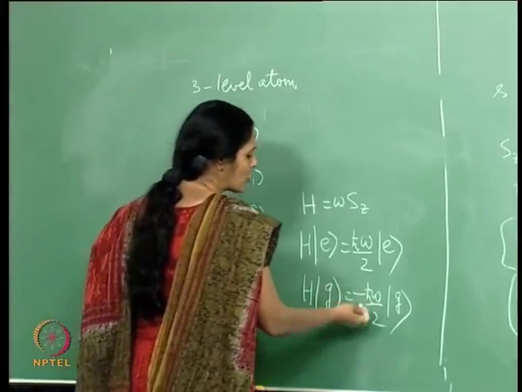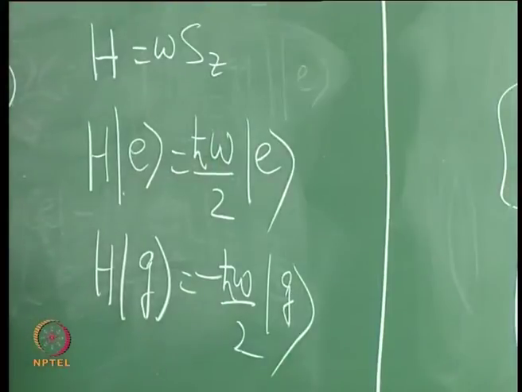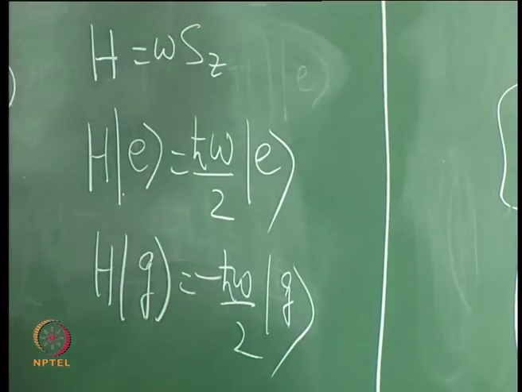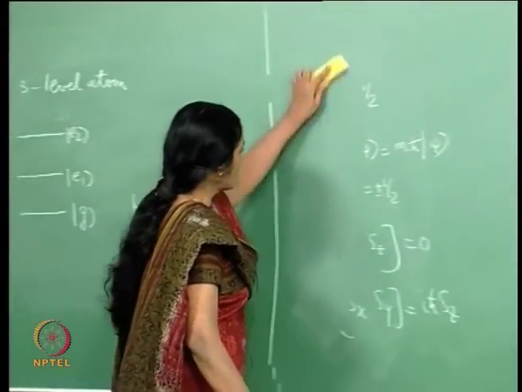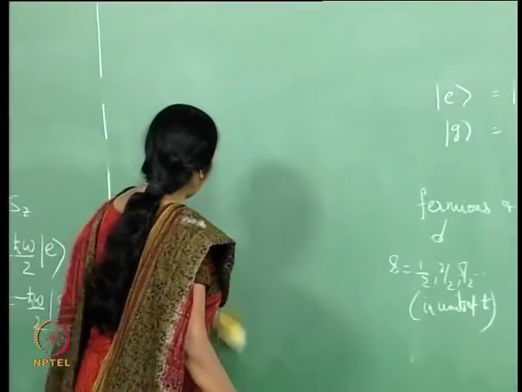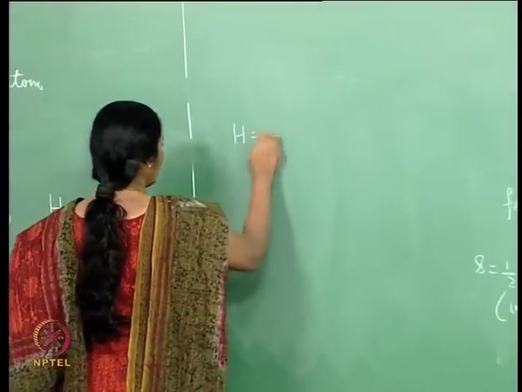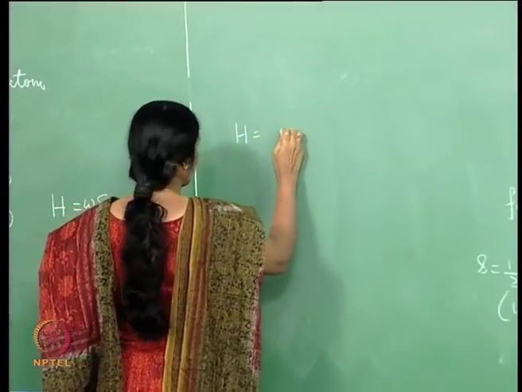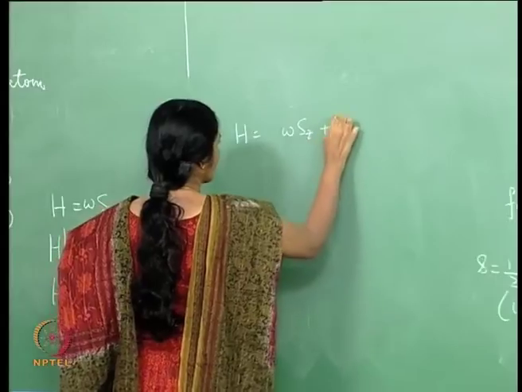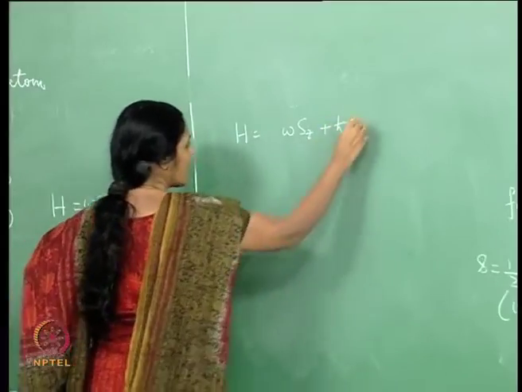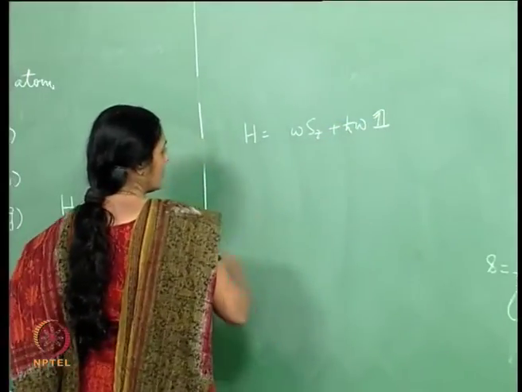We would not like to have negative energies as the eigenvalues, as experimental outcomes. So it is easier for us to say that we can choose a Hamiltonian which perhaps is of this form, omega Sz plus h cross omega times the identity operator.